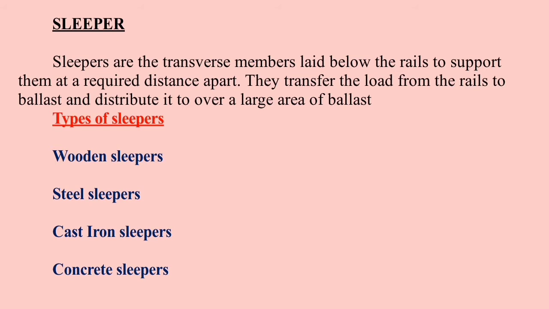Pot sleepers are in the form of two bowls placed under each rail and connected together by a tie bar. Plate sleepers consist of a plate of 851 mm by 254 mm in dimensions with the 254 mm side parallel to the rails. Now a box sleeper is similar to a plate sleeper except that a box is provided on the top of each plate for holding the rails.